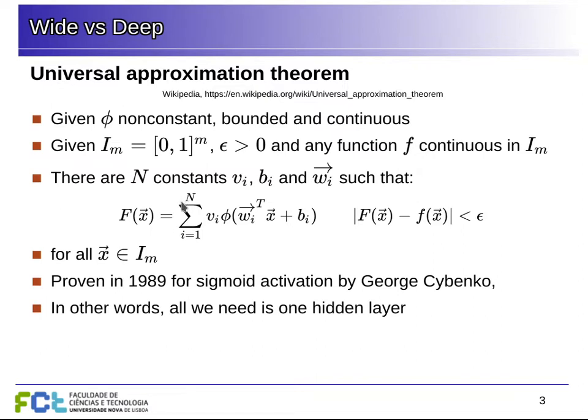We can use a linear combination of the outputs of this bounded continuous function, for example the sigmoid function, to approximate any function that is continuous inside this region. So basically, what this means is that we can use a hidden layer.